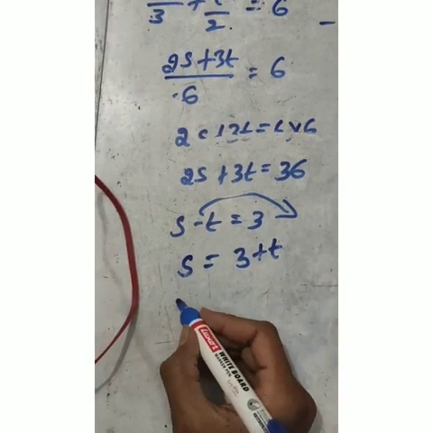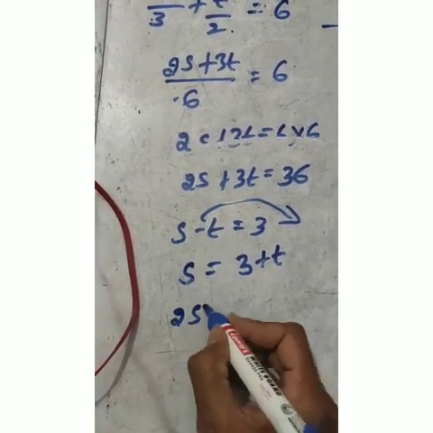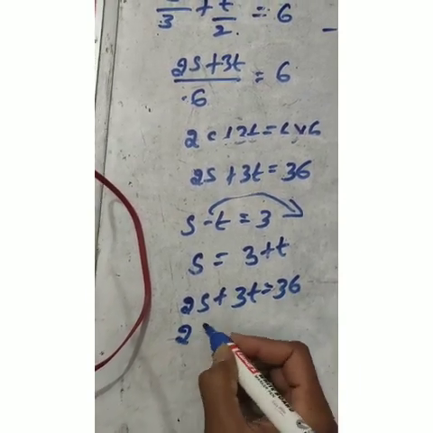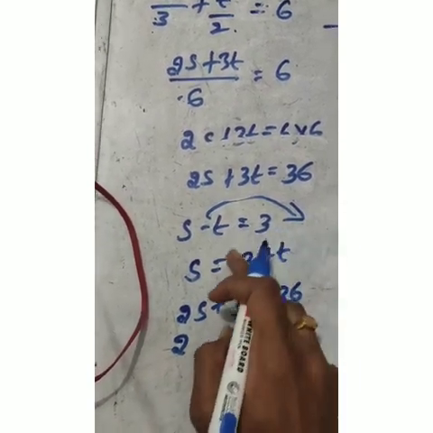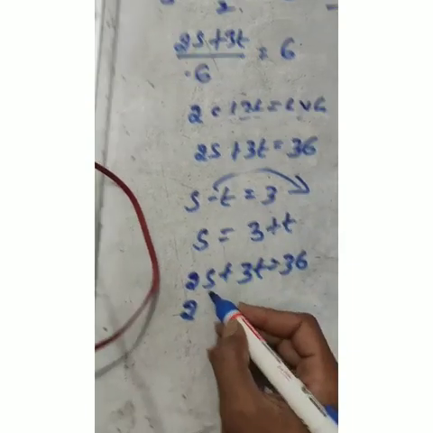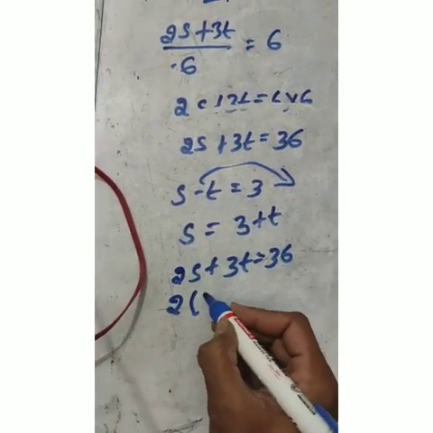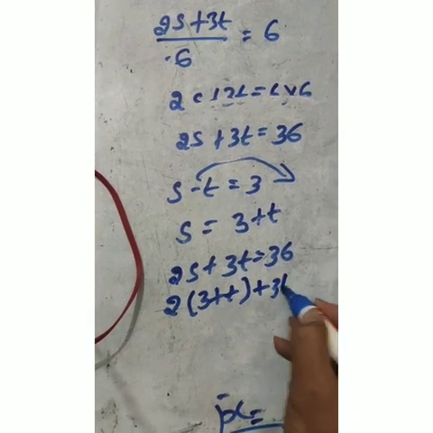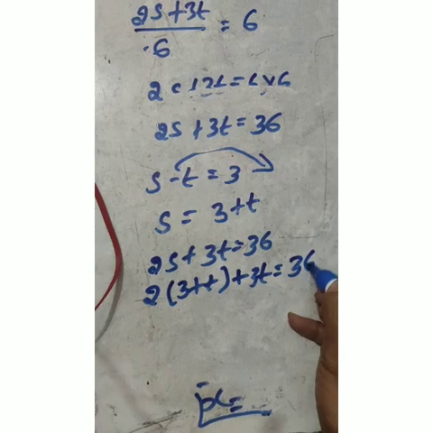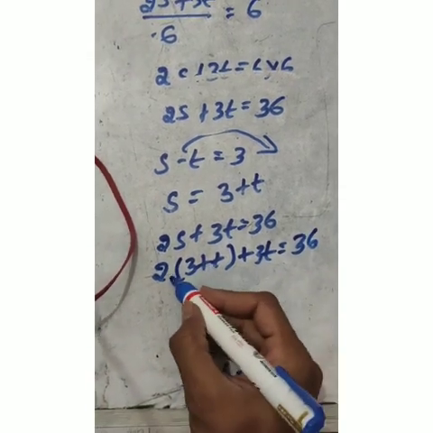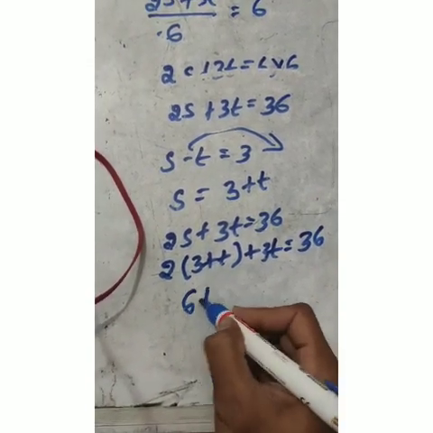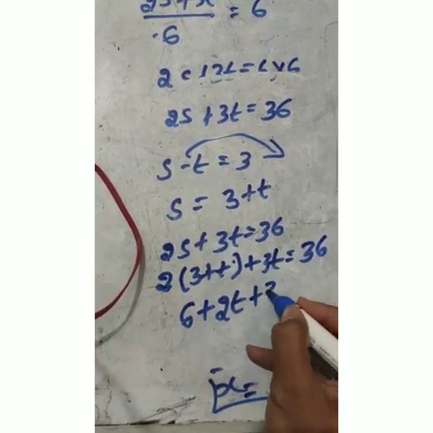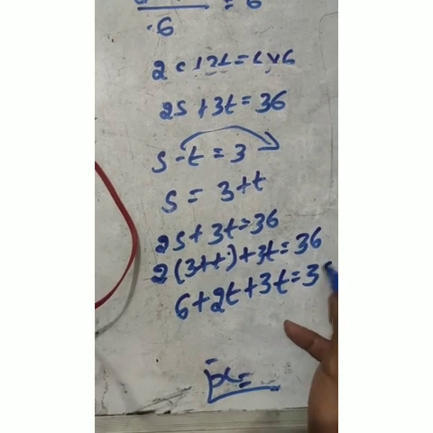The equation is 2s plus 3t is equal to 36. 2 written as it is. What is the value of s here? 3 plus t. In the place of s, I replace 3 plus t, plus 3t written as it is, equal to 36. First we multiply: 2 threes are 6, 2 into t is 2t, plus 3t is equal to 36.